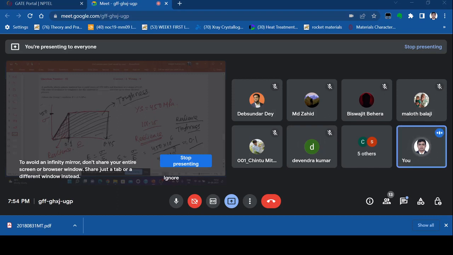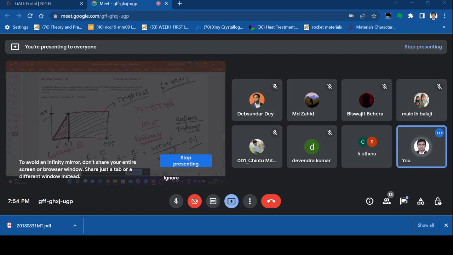So now I have to calculate the area. We know this value 450, and this is 0.1. So half... So you just calculate and tell me, this is the resilience.